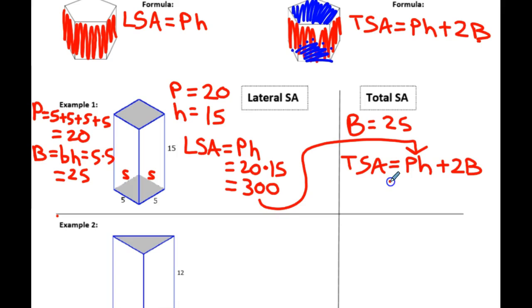All you're going to do to that 300 is add 2 times B, which is 25. So 2 times 25 is 50, and 300 plus 50 is 350 units squared, whatever those units are.